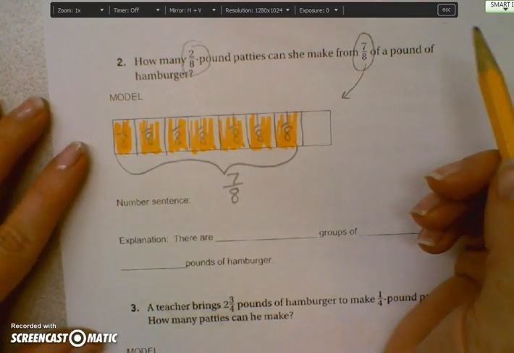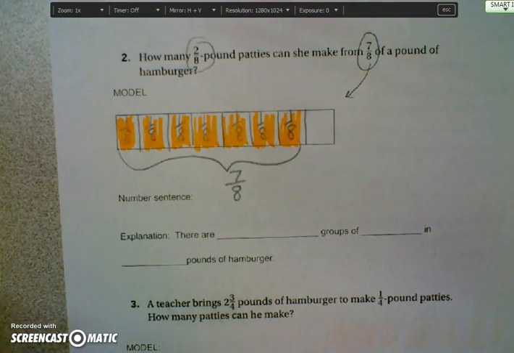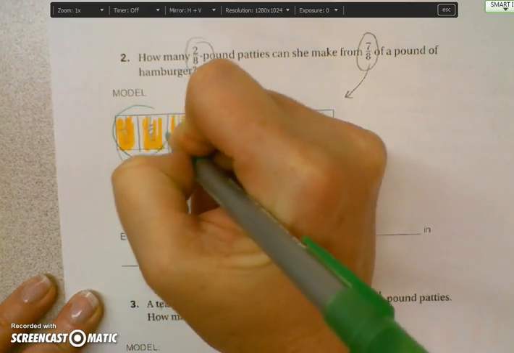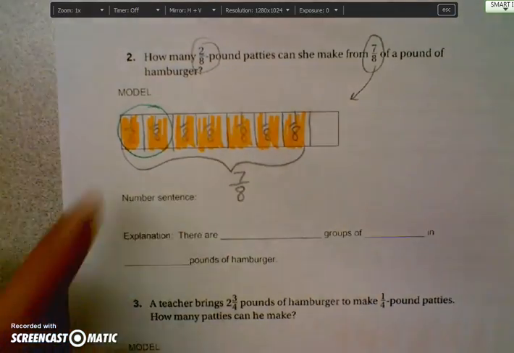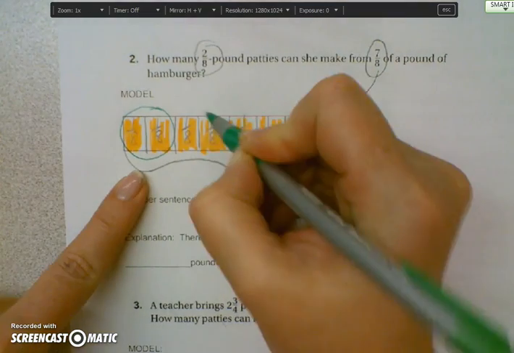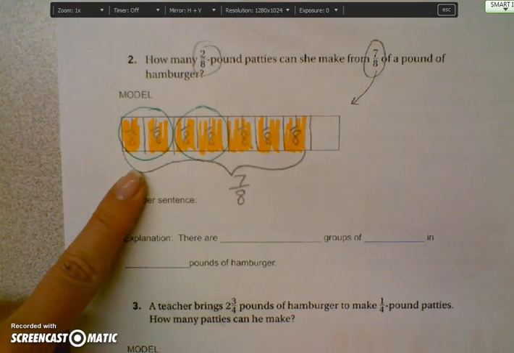Now we're going to take the 7/8 that we have, this is the burger meat that we have, and we're going to divide it into 2/8 of a pound for each patty. So we need 2/8 to make 1 hamburger. That's going to make 1 hamburger. Another 2/8 will make another hamburger.